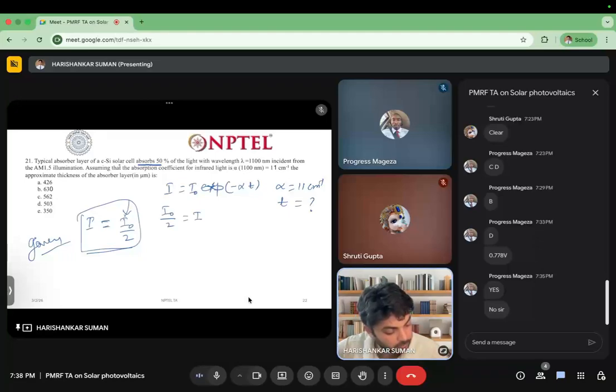This is I naught exponential minus alpha, but please remember the units, 11 per centimeter into t. This will give you t in centimeter.